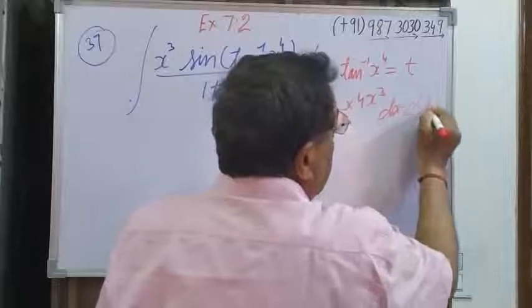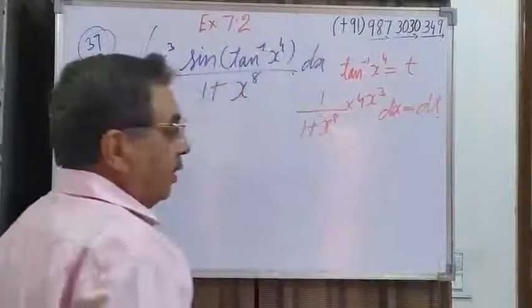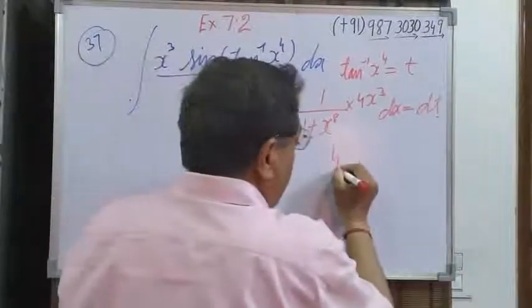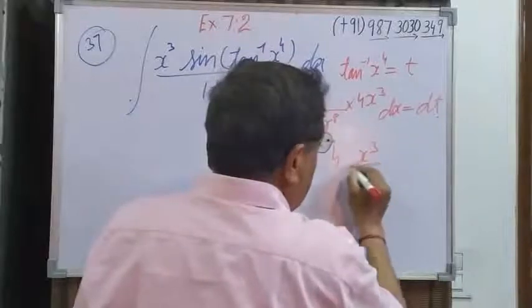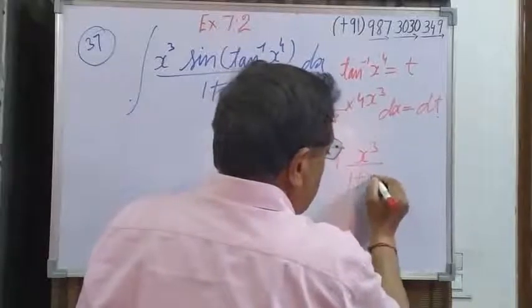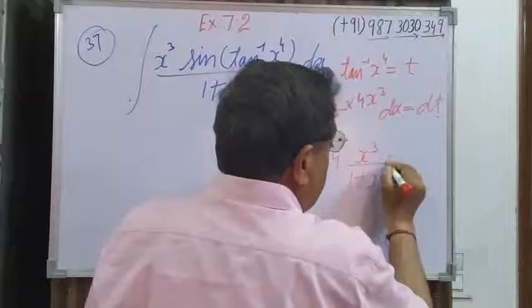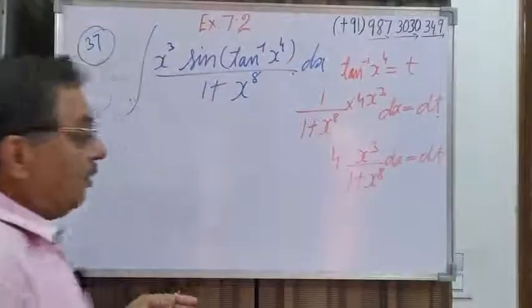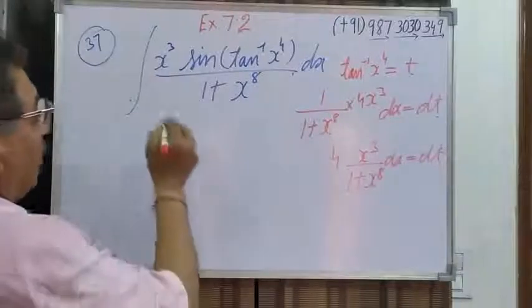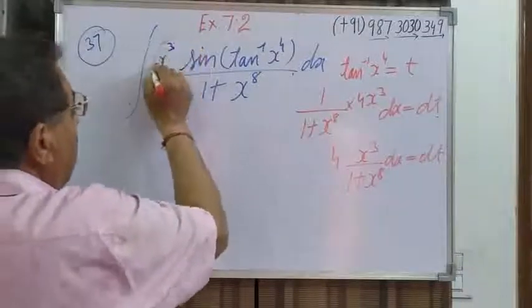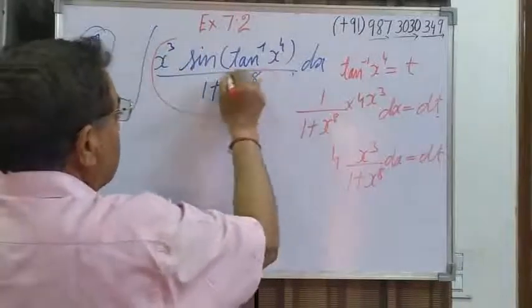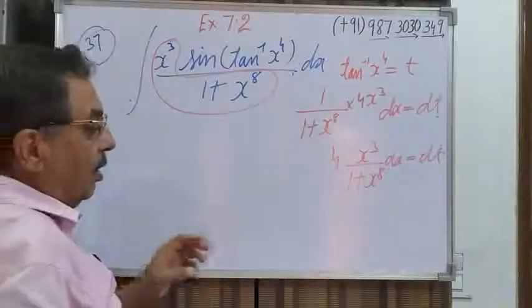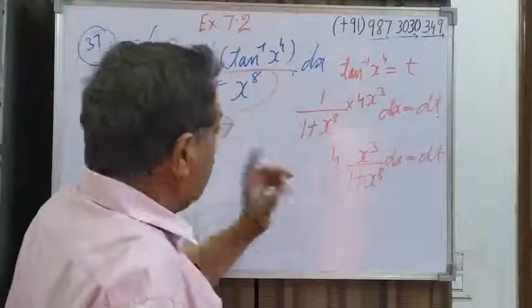So ultimately we are getting 4x³ over 1 plus x to the power 8 dx is equal to dt. Let us see whether it works. Yes, because we have got x³ over 1 plus x⁸, this much, but the 4 is not there here.